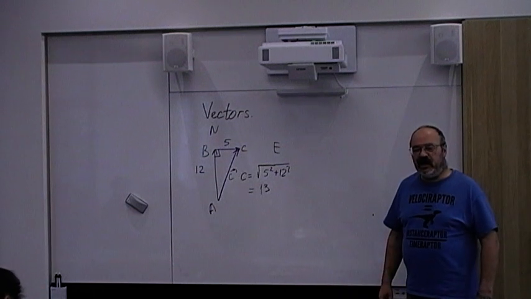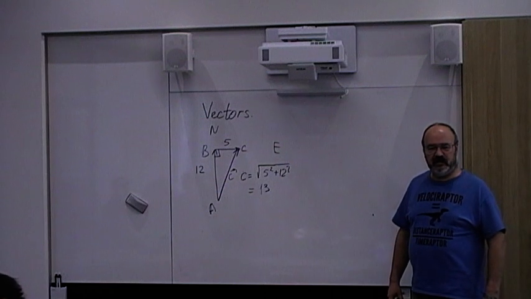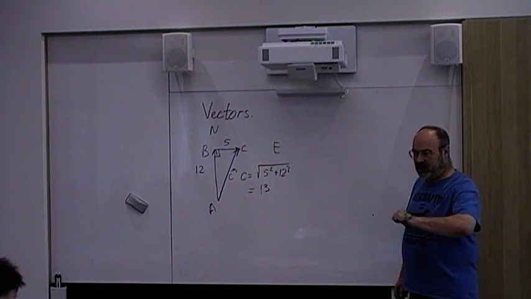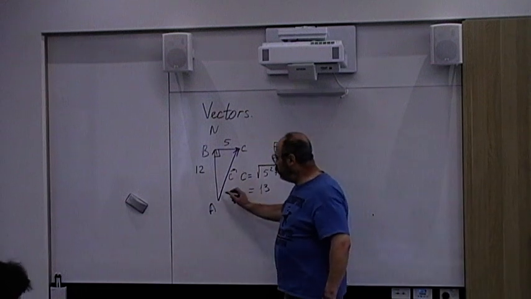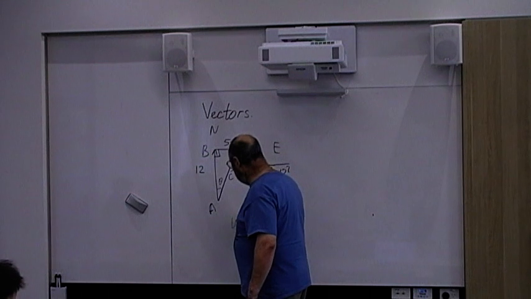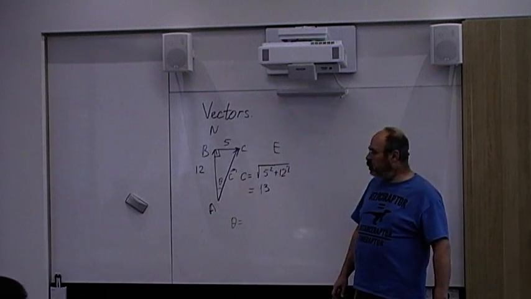But does that completely describe the displacement? When I say the displacement is 13 meters, you have to say the direction. Completely must. And how do we find direction? You need to find this angle. How do we find this angle? Using basic trigonometry, SOHCAHTOA.